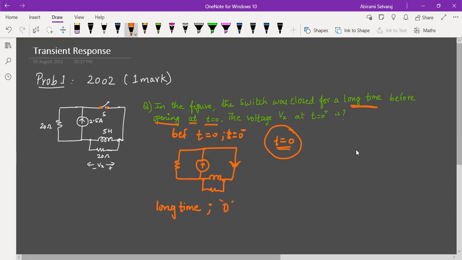That means zero resistance. Zero resistance means it is going to act like a short circuit, like a short path. So the complete current, the entire current, can flow.